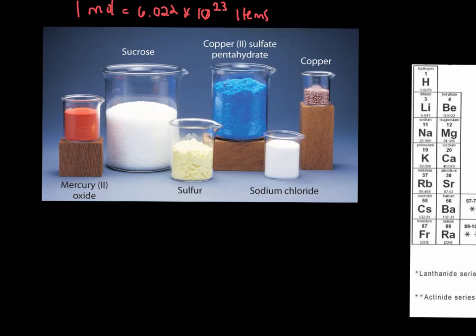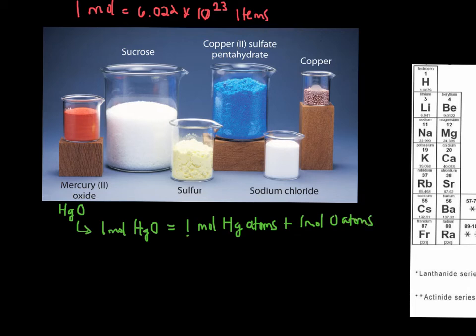What if I wanted to obtain a mole of something a little more complicated, like, say, mercury 2 oxide? I want to measure out a mole of mercury 2 oxide. The first thing I would need is its chemical formula. The chemical formula for mercury 2 oxide is HgO, which means that if I have 1 mole of mercury 2 oxide, what I really have is 1 mole of mercury atoms and a mole of oxygen atoms.